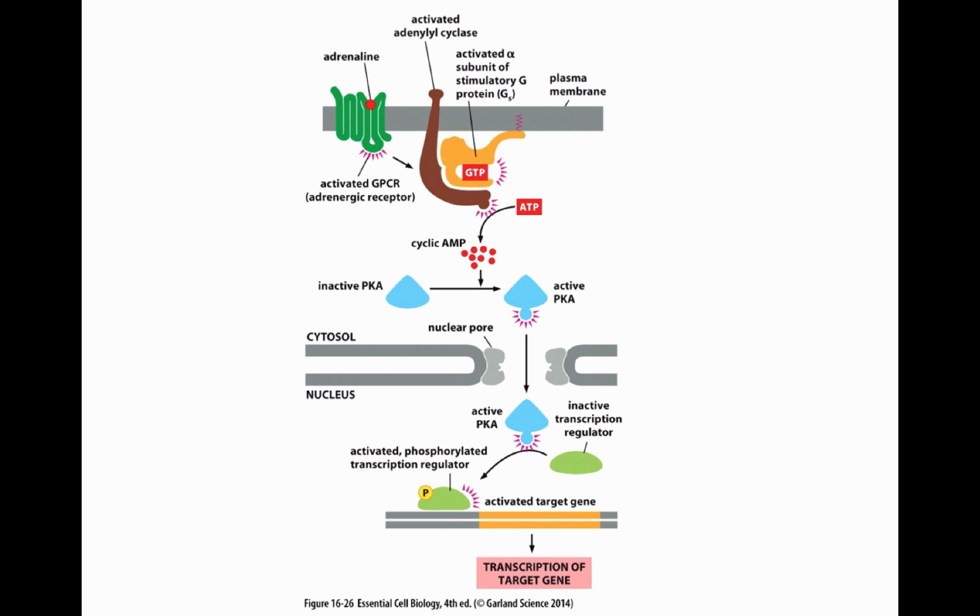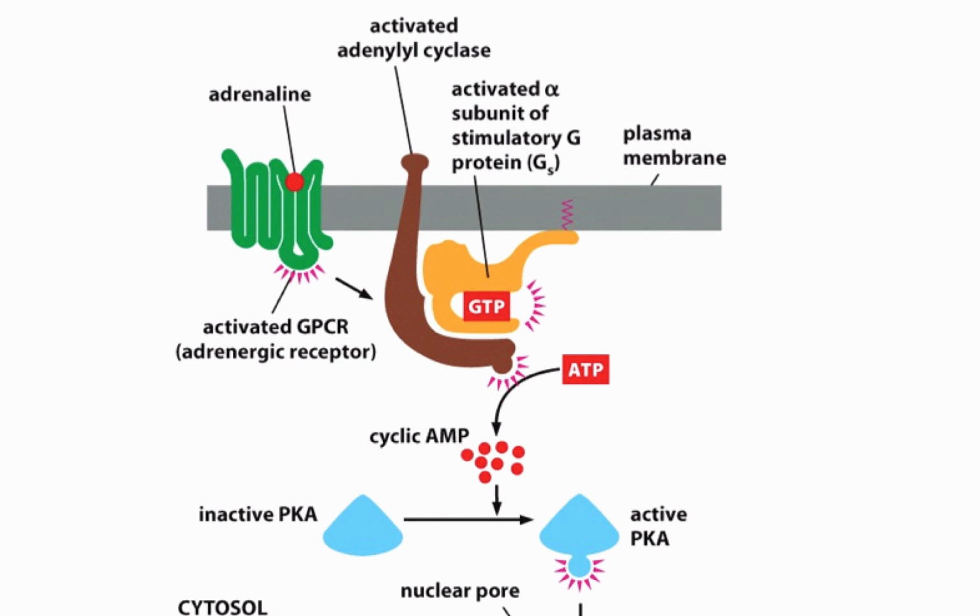So how does this work? Let's take our enzyme. In this case, this is going to be a G-coupled receptor protein that is going to bind adrenaline. When adrenaline binds to the receptor, it's going to activate the adrenergic receptor. That activation is going to recruit the G protein, which is going to become active.